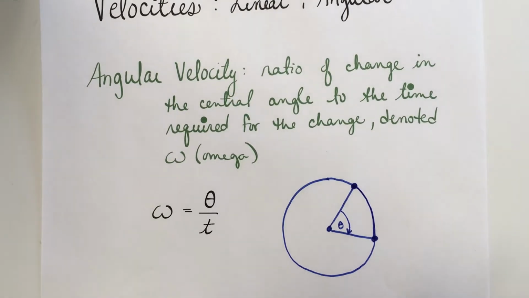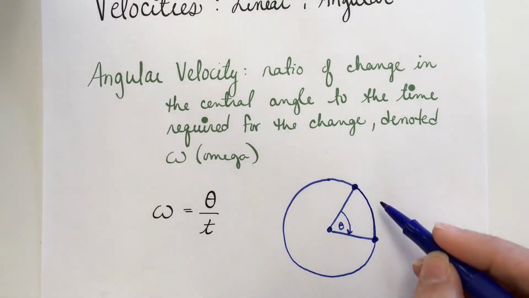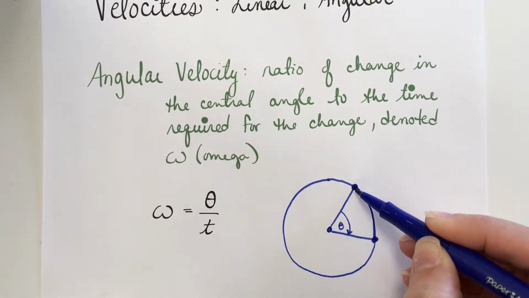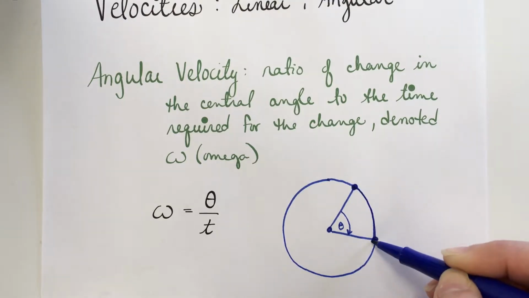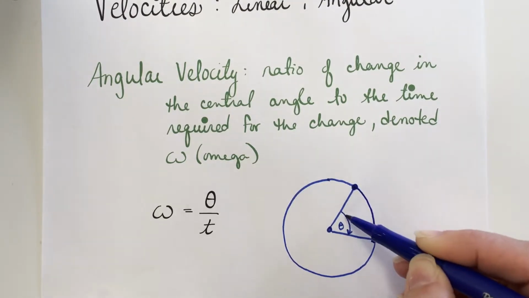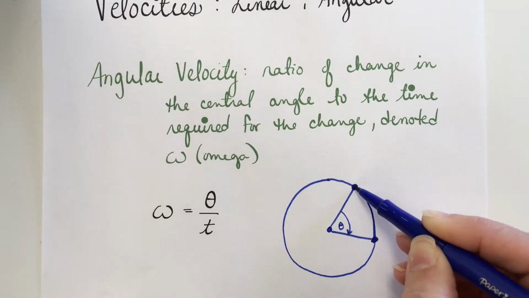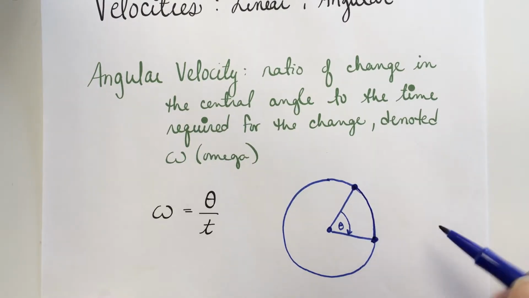You're more accustomed to linear velocity, which is in miles per hour or feet per second. But instead of wanting to know how fast this person actually travels along the edge of the Ferris wheel, how fast is the angle changing as the person moves? That's your angular velocity.